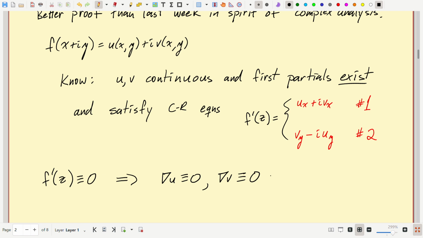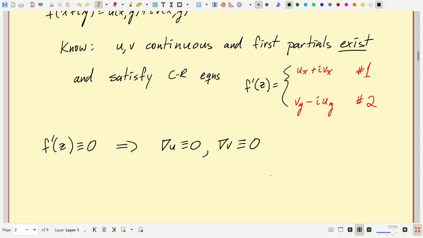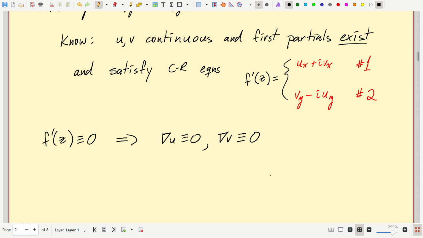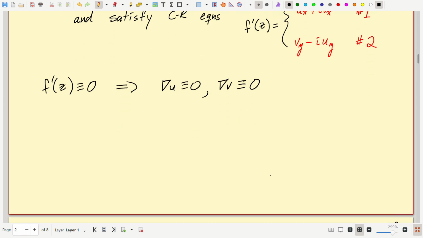And last time I showed you that this implies the functions are constant. So here's the thing. Last time I assumed that the partial derivatives were continuous, and I was able to deduce that. Today I don't want to assume that. So last time I assumed first partials were continuous.